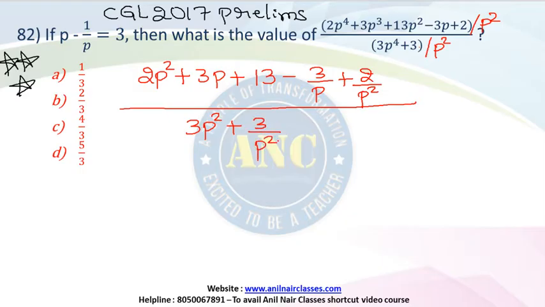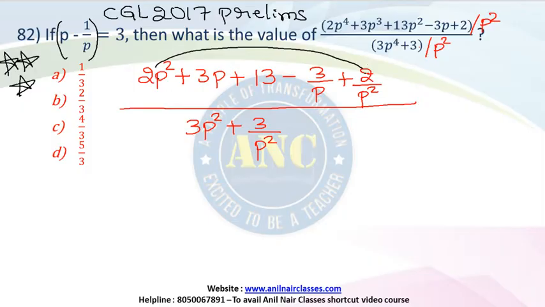That means it is exactly similar to, I think, the 78th and 79th questions, if I am not wrong. I know the value of p minus 1 by p as 3. When I know p minus 1 by p as 3, p square plus 1 by p square is nothing but 3 square plus 2. That means 3 square plus 2 is 11.